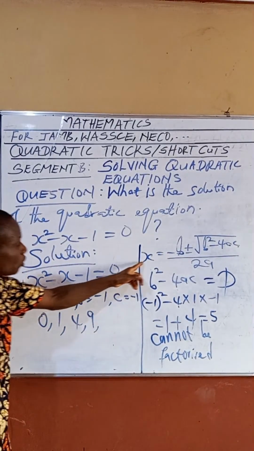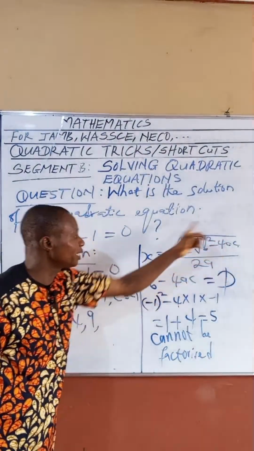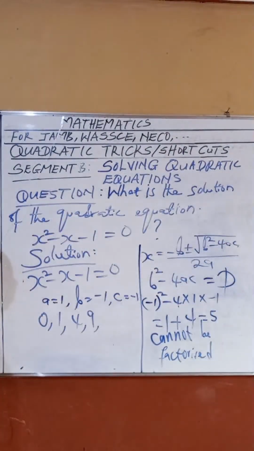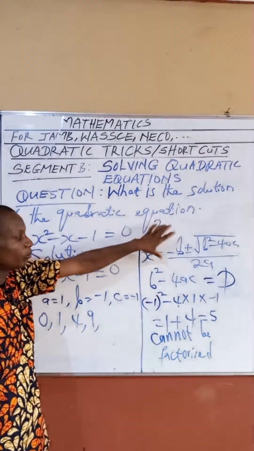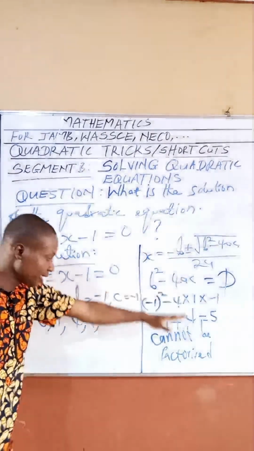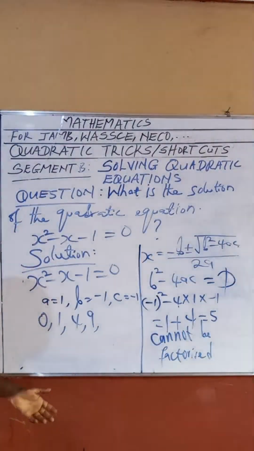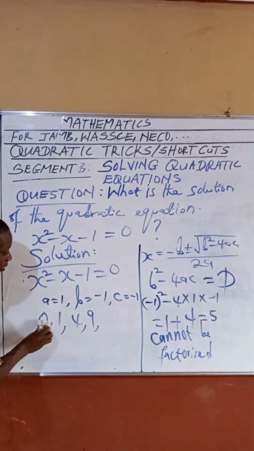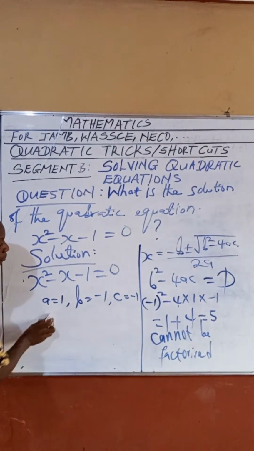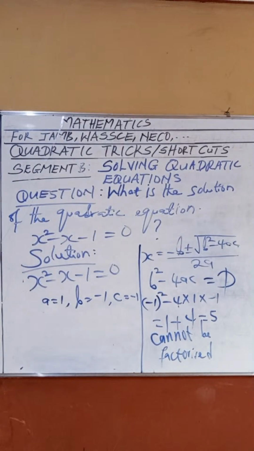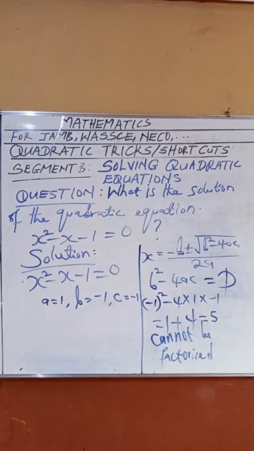We can use any method, but I prefer we just use this method. Okay, this is called the general formula method, and we are going to use it since it is not factorizable. Yes, somebody asked, okay, that's almighty formula.